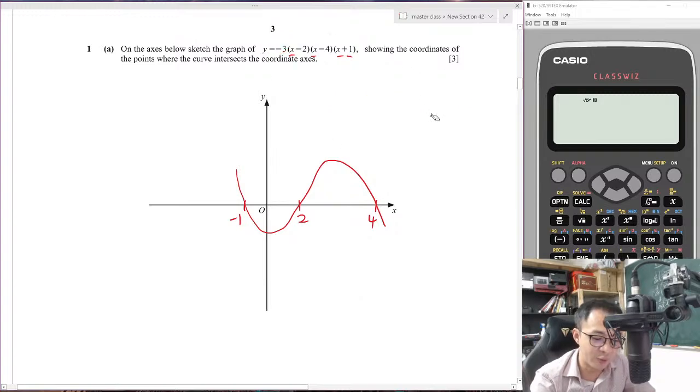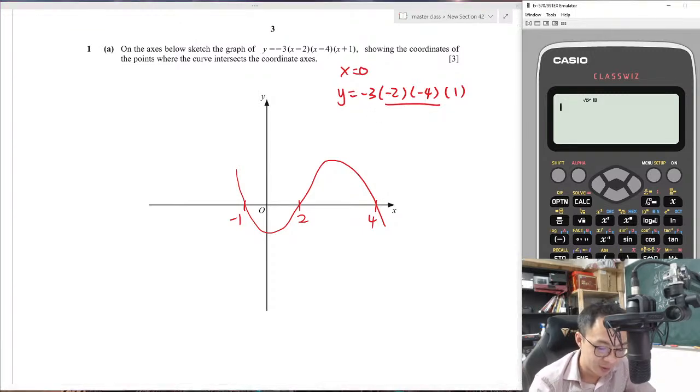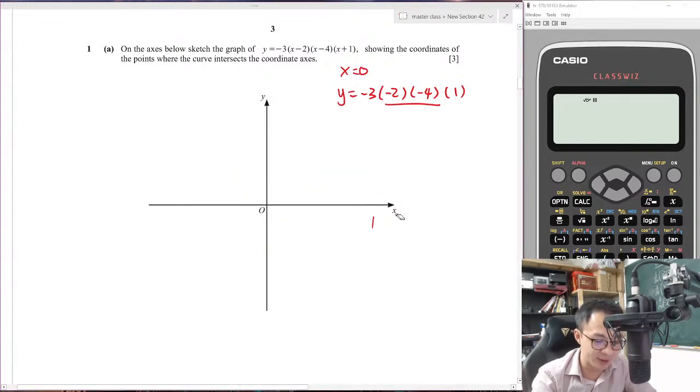Alright, then I want to find the y-intercept as well. I will make x equals to 0 here. So y will equal negative 3, negative 2, negative 4, and 1. So here actually gives me 8, so it will be negative 24. So they will intersect at negative 24 here. But I don't want you to assume negative 24 is the minimum. So maybe I just draw it nicely a little bit. Not enough space.